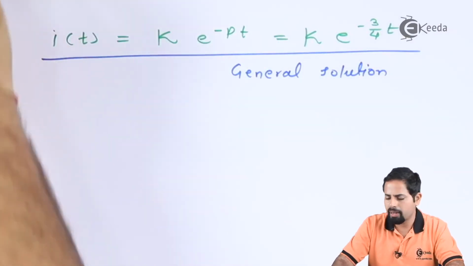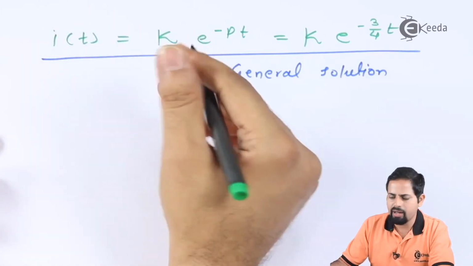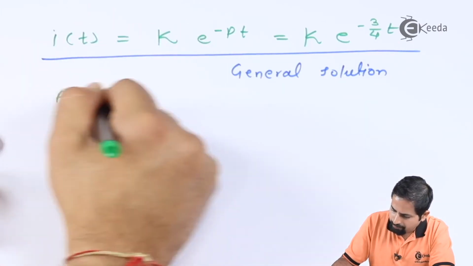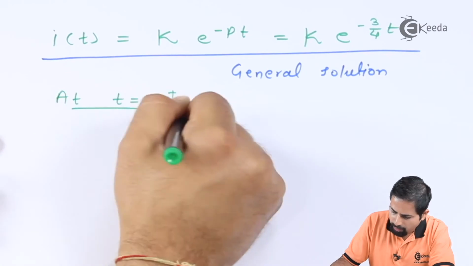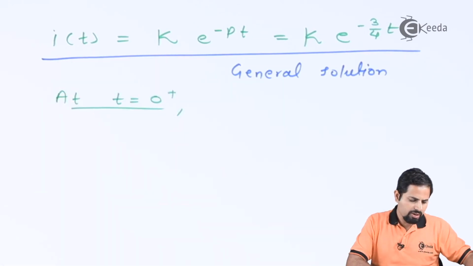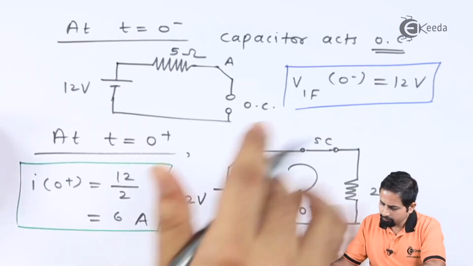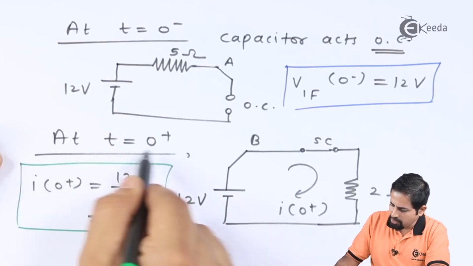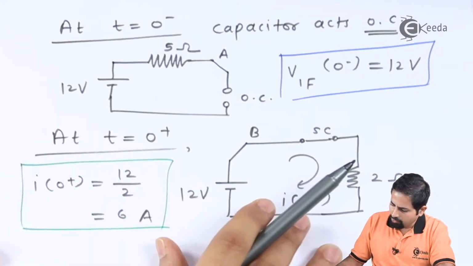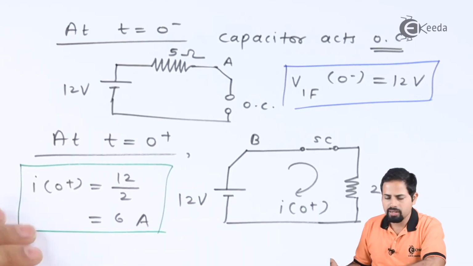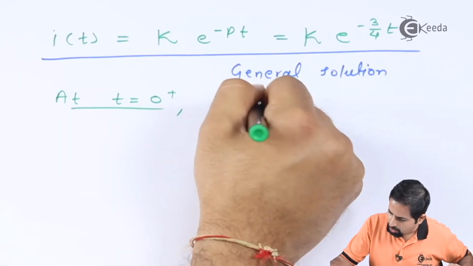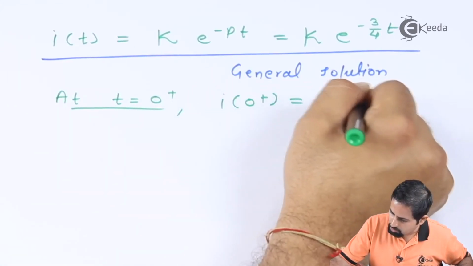We are yet to obtain the particular solution. For that we need initial conditions. So at time t equal to 0 plus, we'll get back to the initial conditions. At time t equal to 0 plus, you can see here the I of 0 plus, that means current, was 6 amperes. So I'll write it here: I of 0 plus is equal to 6 amperes.